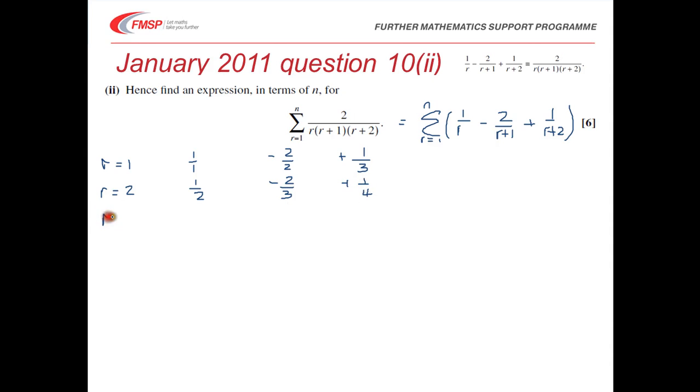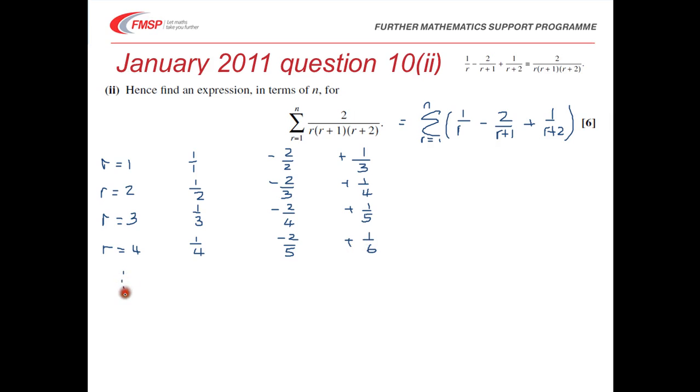And we just need to keep going until we can establish a pattern. So when r equals 3, we've got 1 over 3, then minus 2 over 4, and a plus 1 over 5. And I'll do one more term. I think we might be getting to the stage where we can see what's happening. So we've got a quarter minus 2 over 5, and then we have a plus 1 over 6.